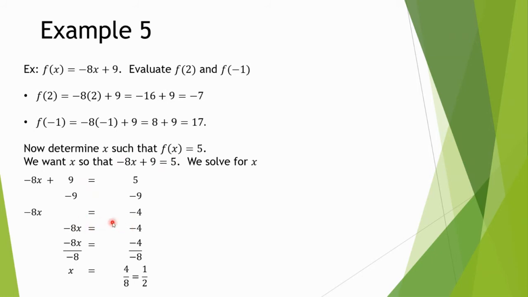But again, we don't want negative 8x, we want x. So what do we do? Divide. We get x equals 4 over 8, well, I mean, excuse me. If we divide by negative 8, we get negative 4 over negative 8. But again, by our sign rules, that's the same as 4 over 8, which is a half. So that's what we get.